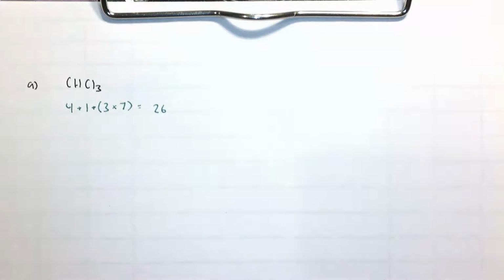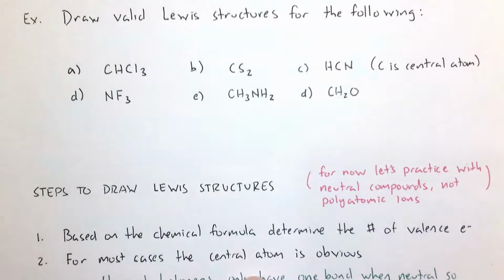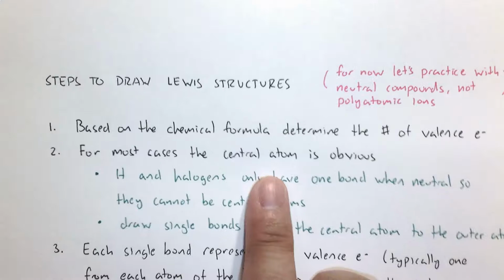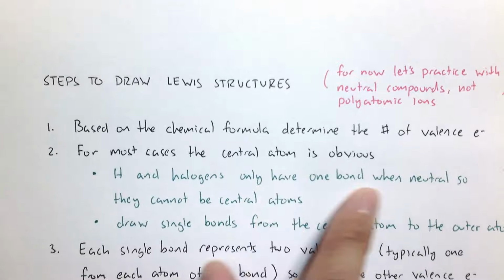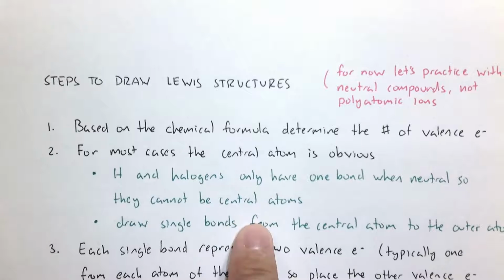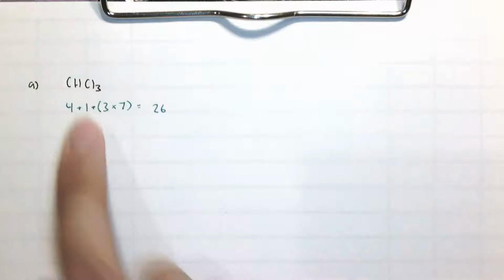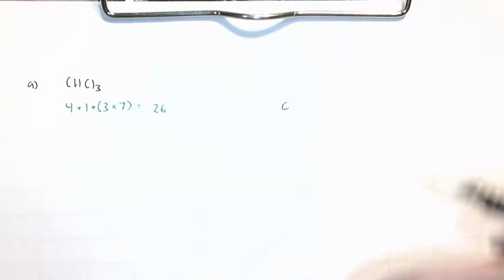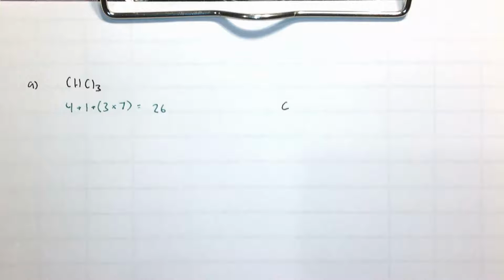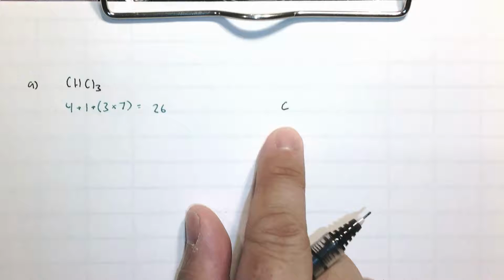Next step. For most cases, the central atom is obvious. H and halogens only have 1 bond when neutral, so they cannot be the central atom. We have an H and we have 3 halogens. They are not the central atom, so carbon is the central atom. Okay, so that's what I mean by most cases it's going to be pretty obvious.